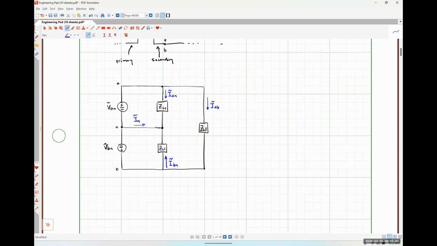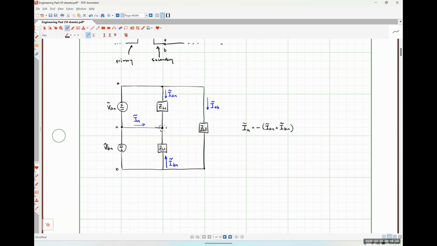If we apply Kirchhoff's current law at this central node, we would find that our neutral current IN is equal to negative IAN plus IBN, according to the directions I have indicated.